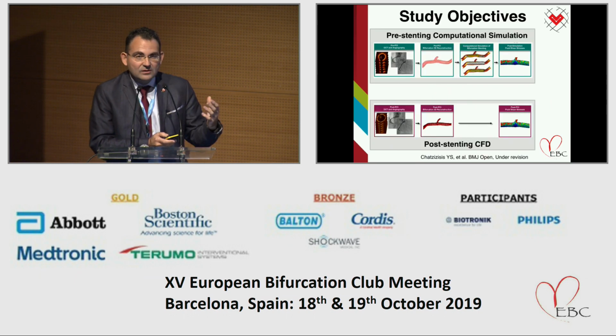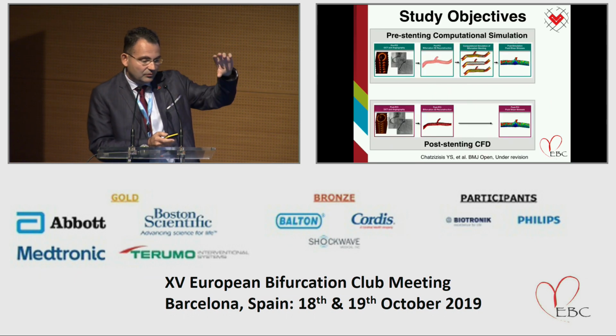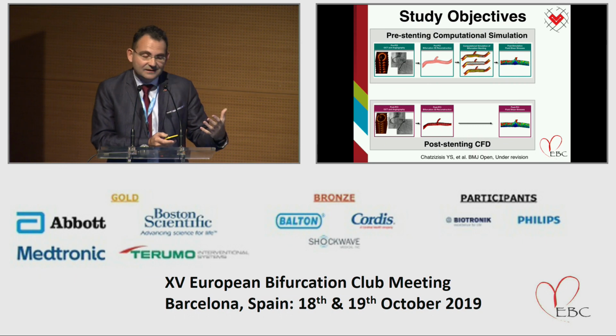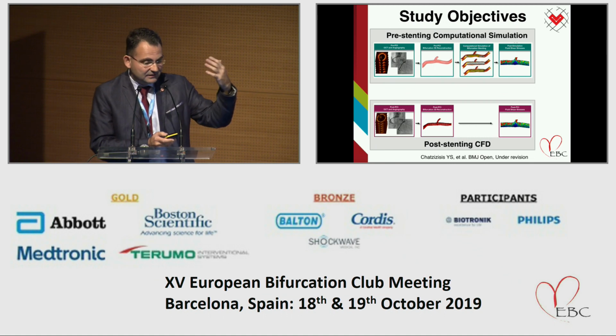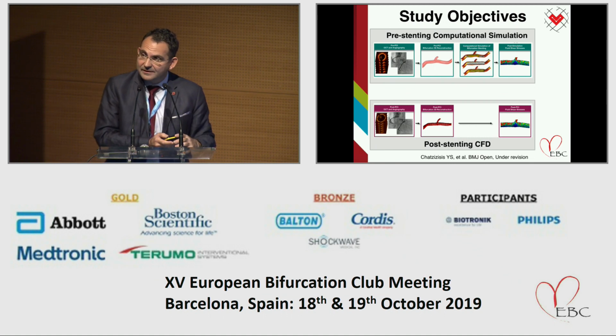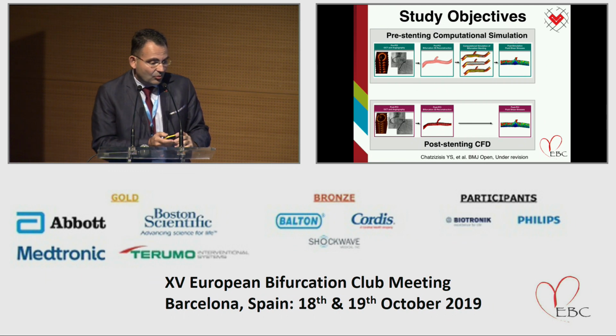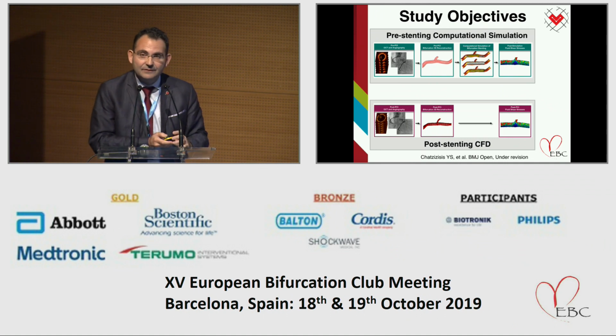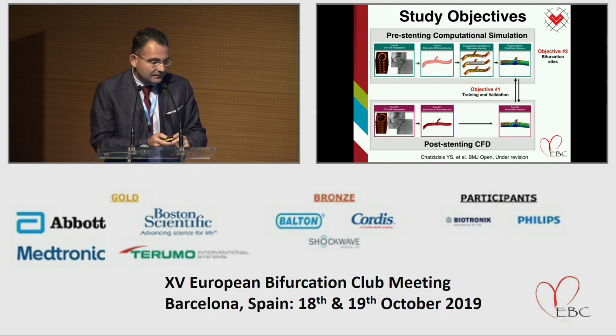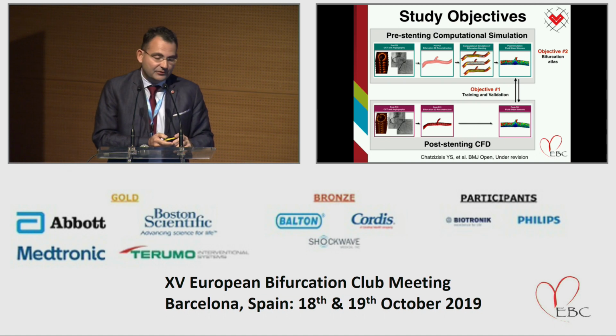The whole concept is that on the top we have the computational stenting simulation. We take the data, OCT of main and side branch, angio, we reconstruct the vessel, we apply realistic wall properties and stent properties, and then we compare the final endpoints, which are flow dynamics and stent apposition, with reality coming from OCT. And the major objective here is to create a bifurcation atlas.